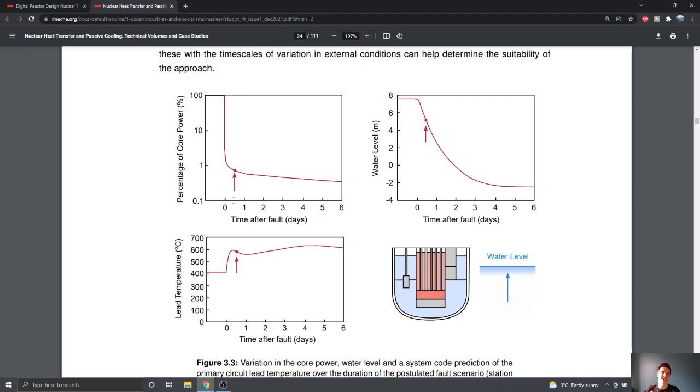You can imagine all the lights will shut off as the electricity goes down. Before then, you can see that the core power, so the amount of heat the core is giving out, is at roughly 100%. And then the moment that the electricity goes out, the control rods are inserted into the core, and that stops the process of nuclear fission, or at least reduces it to a very low rate.